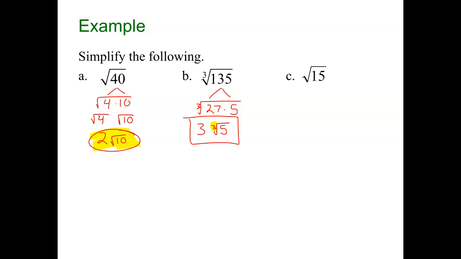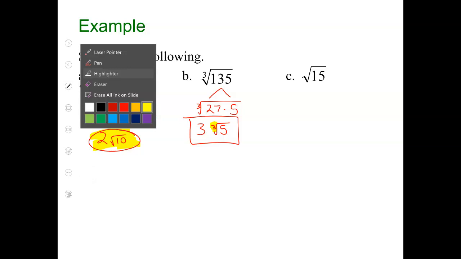Make sure that your indexes are written smaller than the rest of your numbers inside the crux of that radical symbol, and your coefficients are clearly differentiated from them. I'm not going to make any assumptions. If that looks like a 33 root 5 to me, it's wrong. So you need to be aware of that.